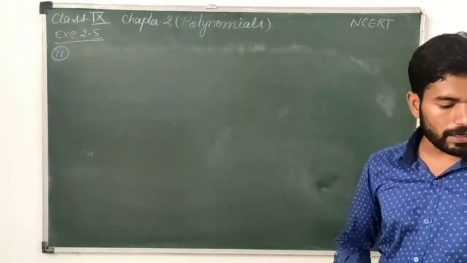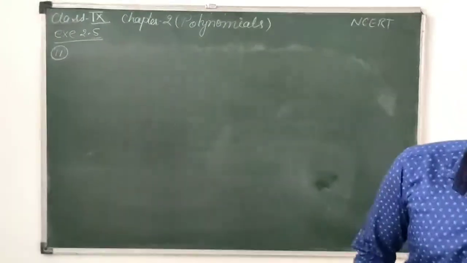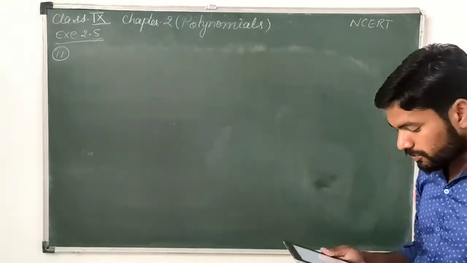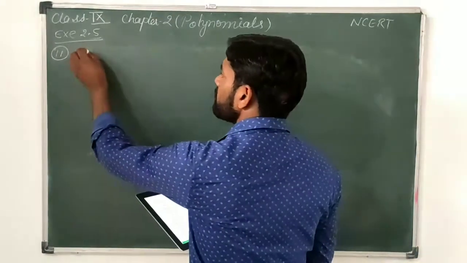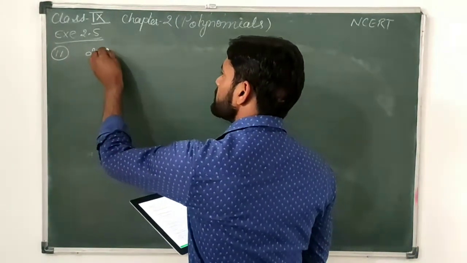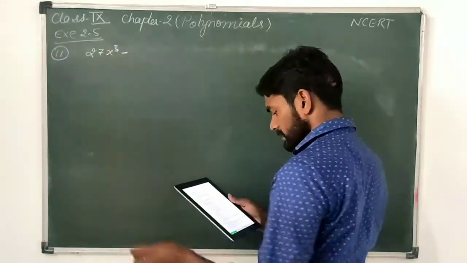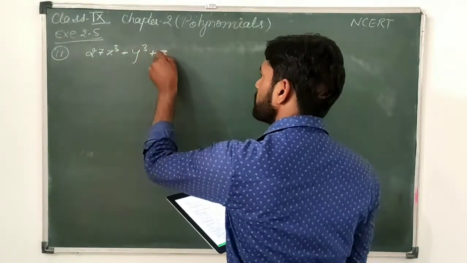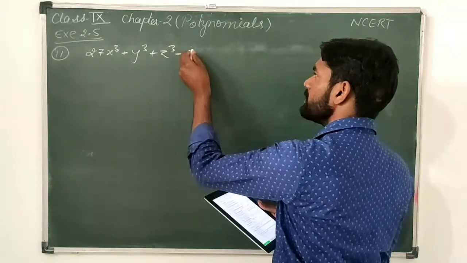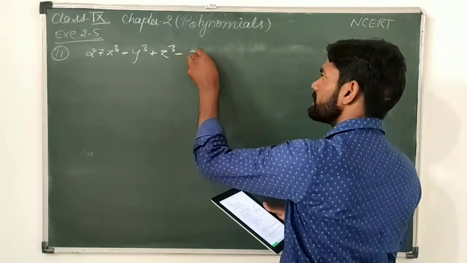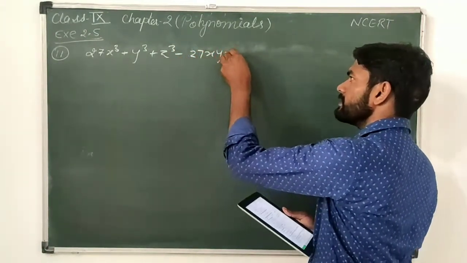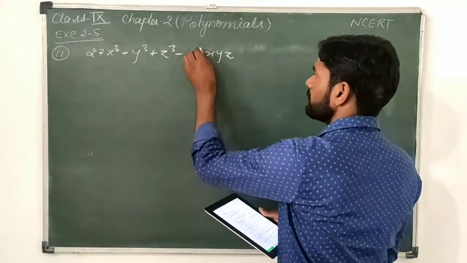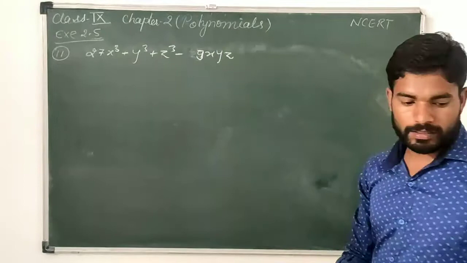What is question number 11? The given question is: factorize 27x cube plus y cube plus z cube minus 9xyz.